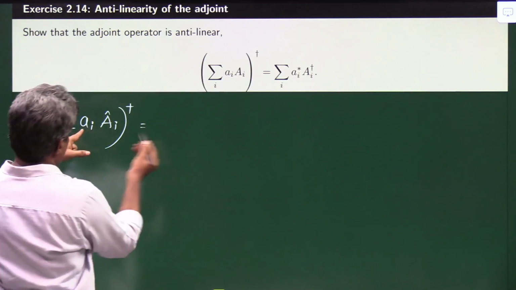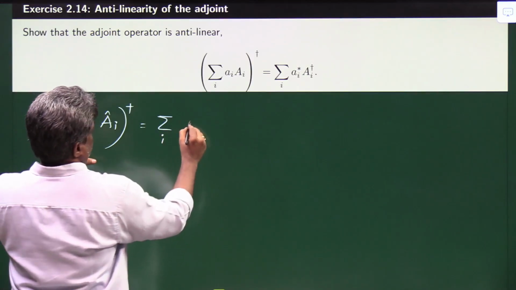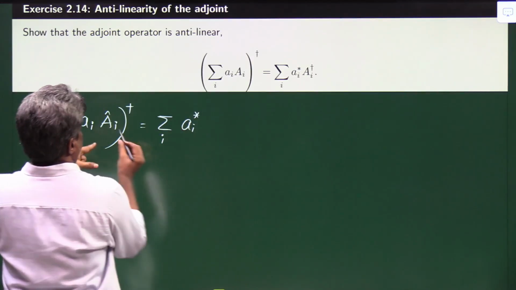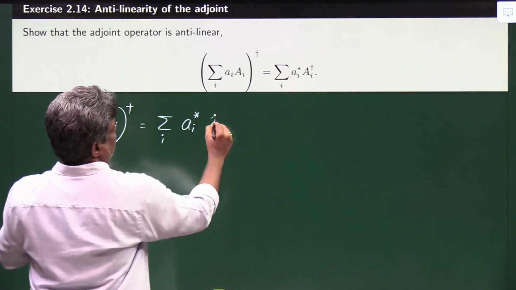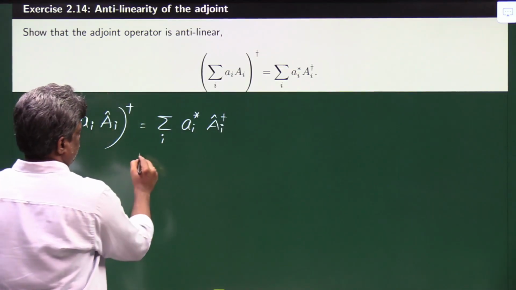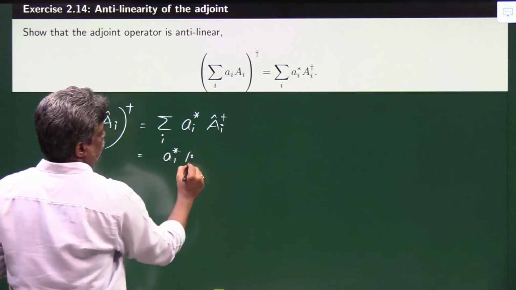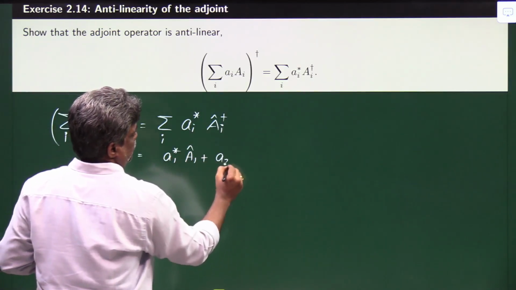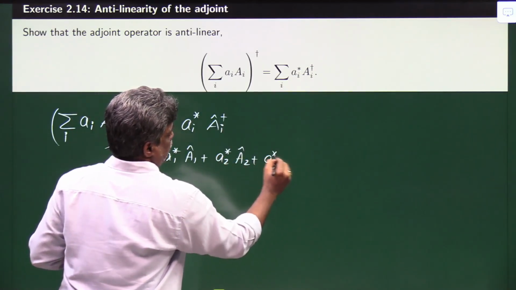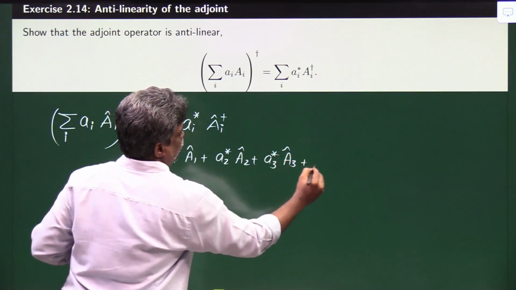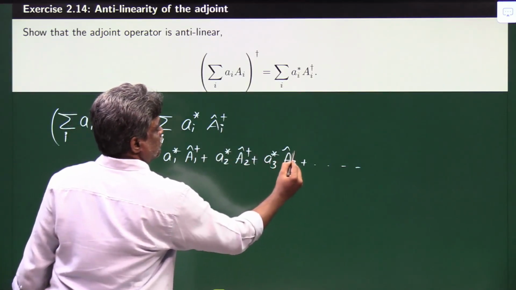So this is the summation over I, AI star because we have to take a complex conjugate, and this is AI dagger. That's it. If you expand this, it is A1 star A1 dagger plus A2 star A2 dagger plus A3 star A3 dagger, and so on.